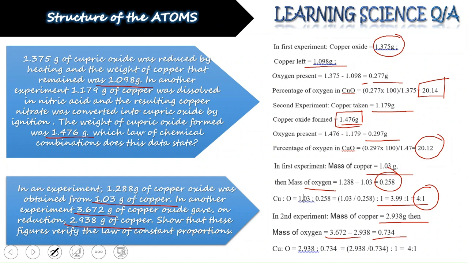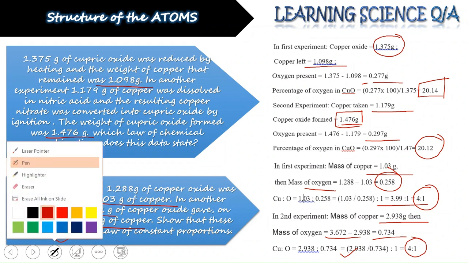So for calculating the ratio, we have again gone through the same method, and the ratio obtained here is around 4 is to 1. Now we can say yes, these figures do verify the law of constant proportion.